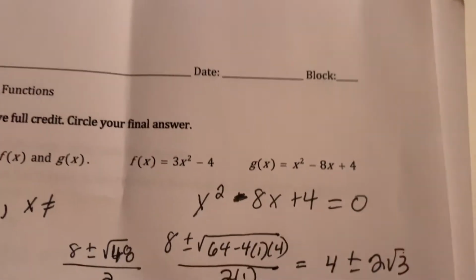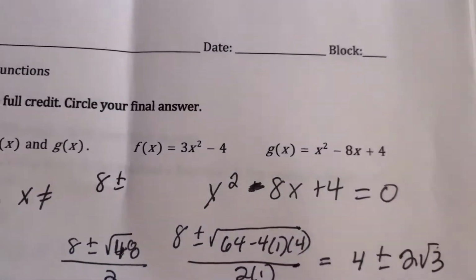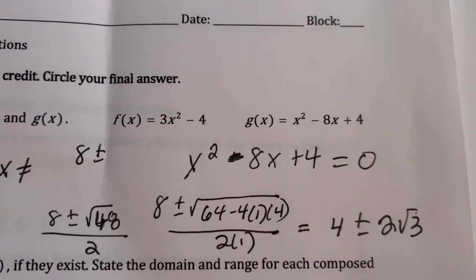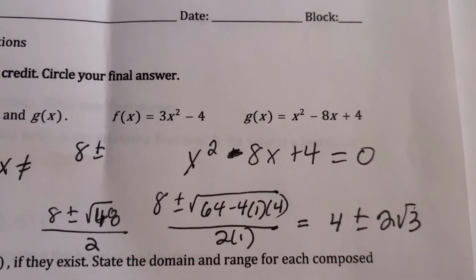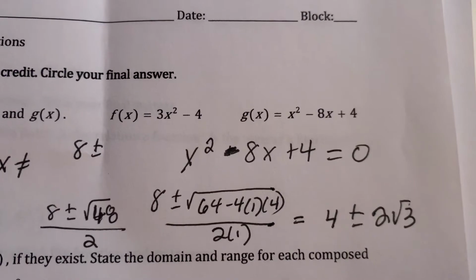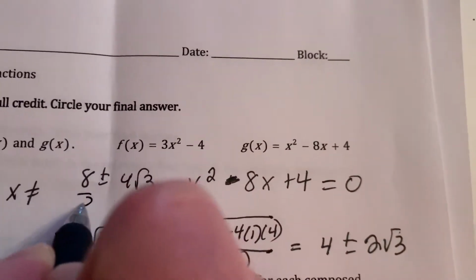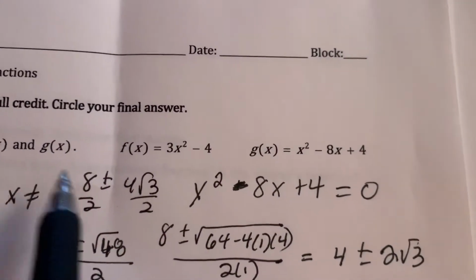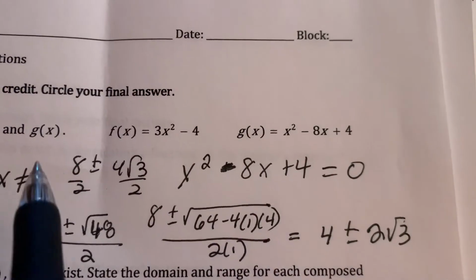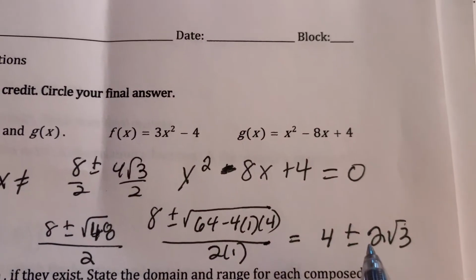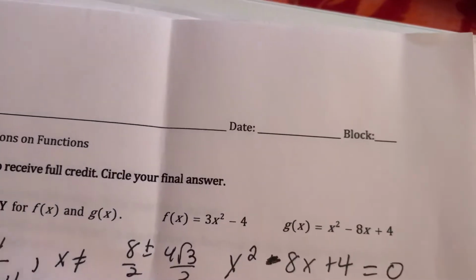So this is going to be 8 plus or minus, well, the square root of 48, it's going to be 6 times 8. So that's 4 2's and a 3. Take 2 of the 2's out, so it's 4 root 3. But I have this 2 on the bottom, so 2 will stay under the bottom here and here. 8 divided by 2 is 4. 4 divided by 2 is 2. So this is your answer.